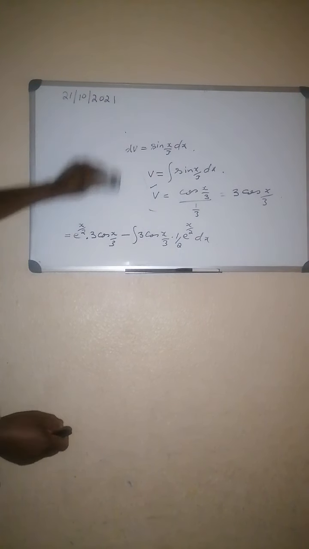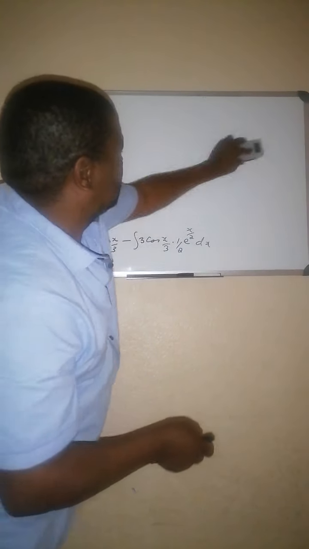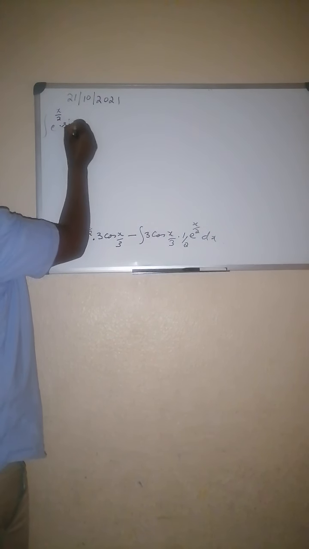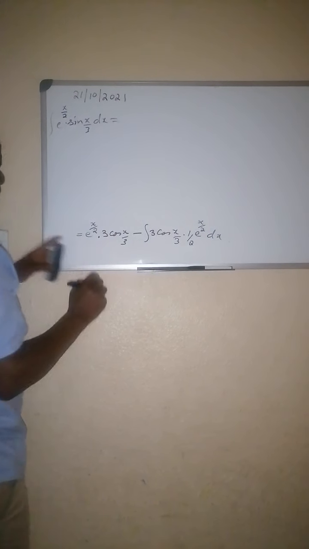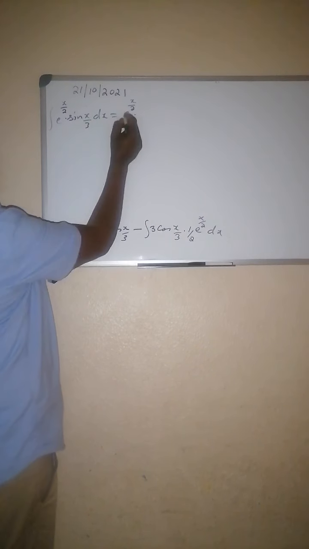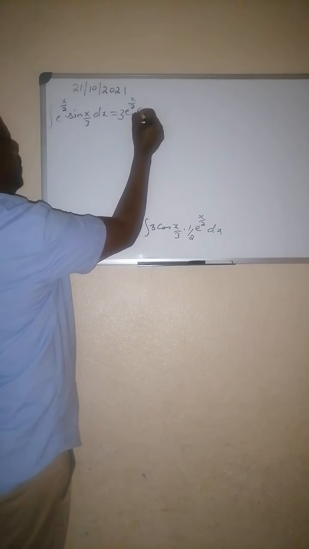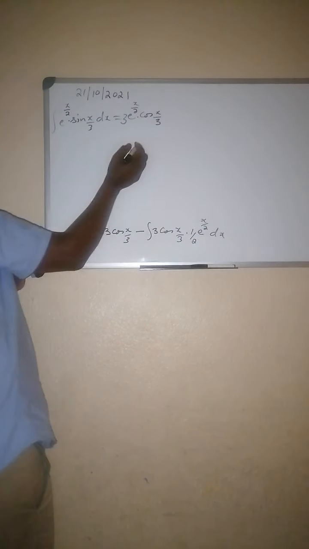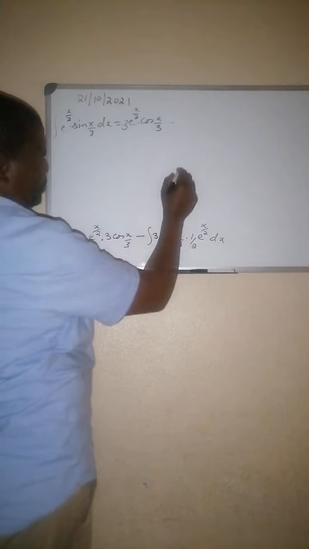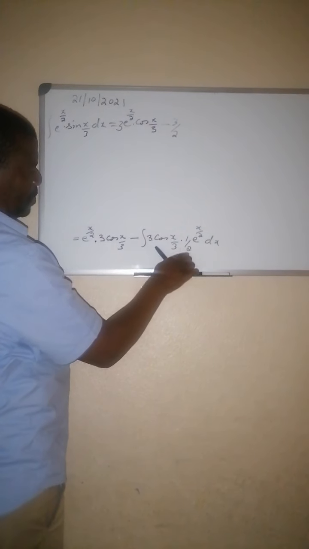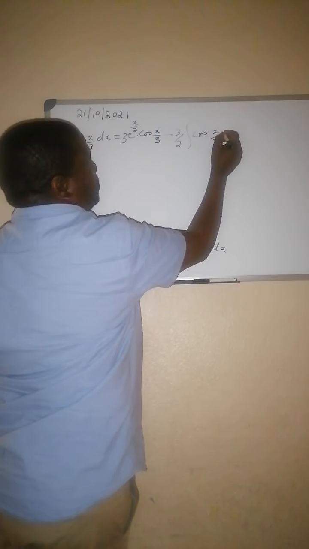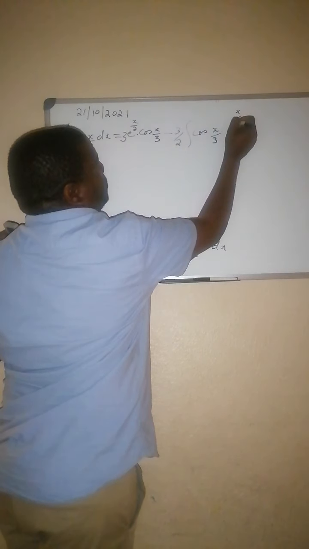Allow me to take off all this, and then have the integral of e to the x over 2 times the sine of x over 3 dx, which is e to the x over 2 by 3, so I can put the 3 there, and then the cos of x over 3, minus, I can take out the 3 over 2, then the integral of the cos of x over 3 e to the x over 2 dx.